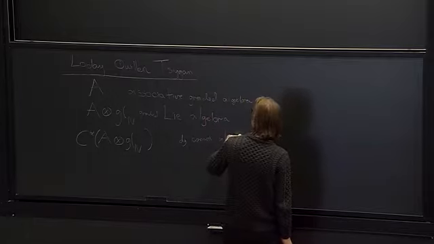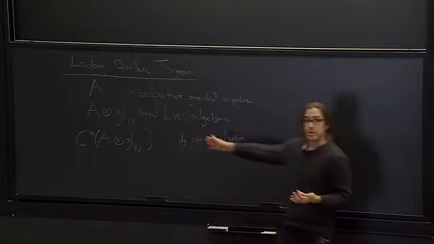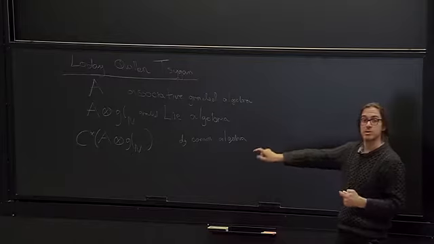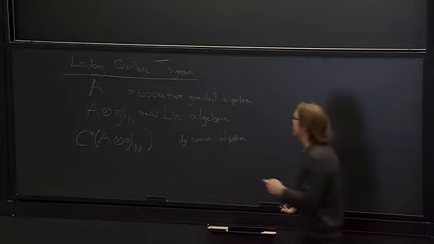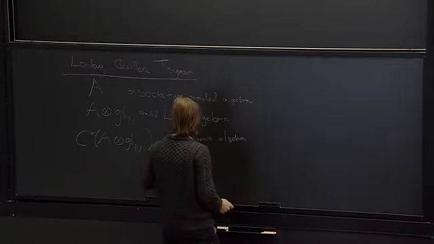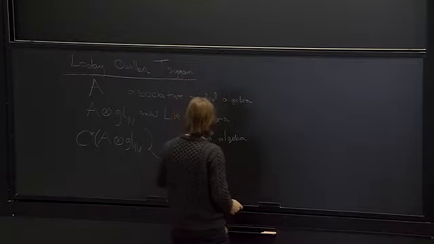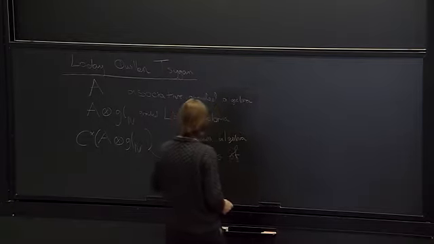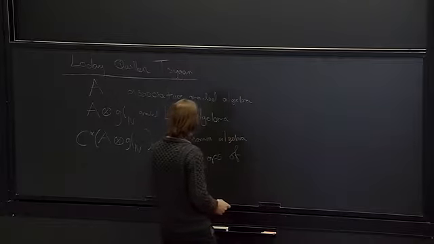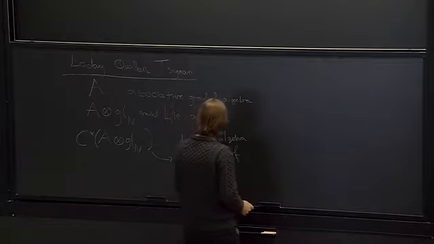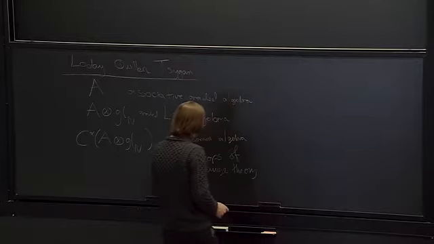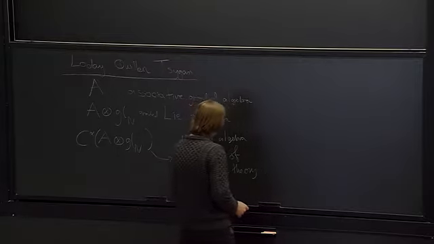Why you might be interested in this is that in practice, anytime you have any GL_N gauge theory, its algebra of local operators looks like this, for some A. Local operators in gauge theory are of this form.